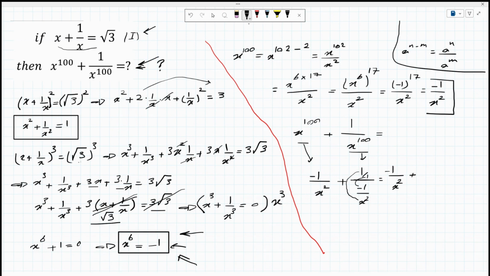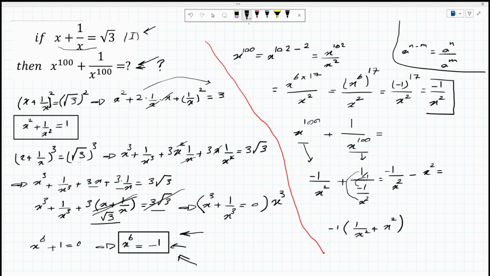So this gives us, to be specific, minus x2 equal to, both of these have minus. I'm going to take the minus out. It will be minus 1 over x2 plus x2.